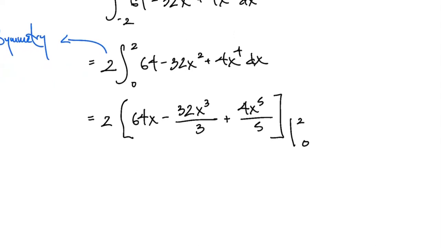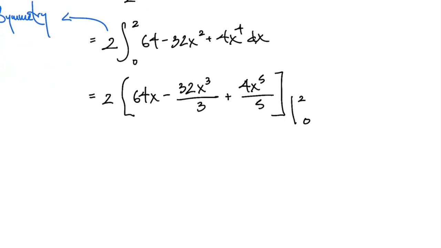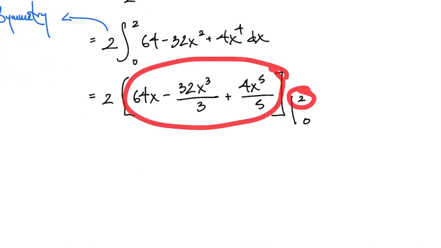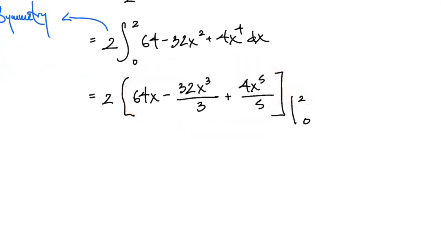Now, here is why symmetry is so nice. I'm going to plug in 2. I'll get some sort of number situation over here. But what happens when I plug in 0 to all of this? It's going to all go to 0. All right. So when I subtract that second part, that f of a, it's just going to go to 0 and it's going to make my computations a lot easier.